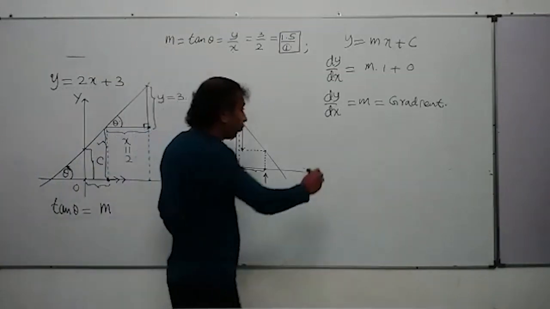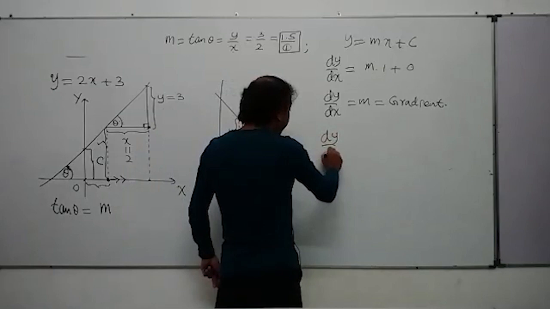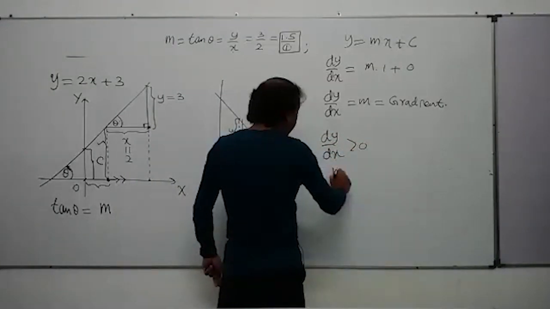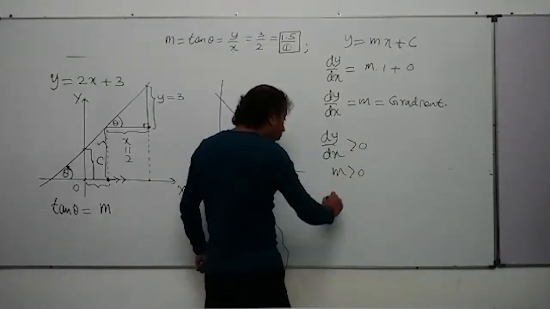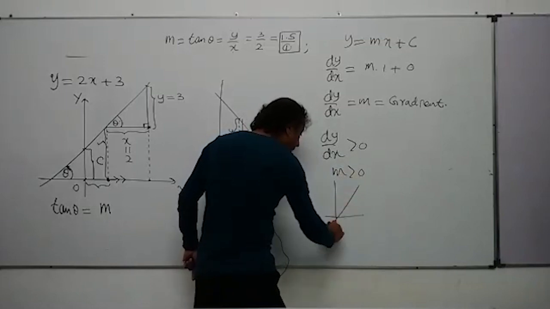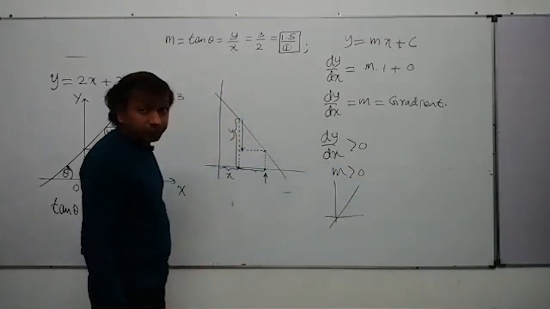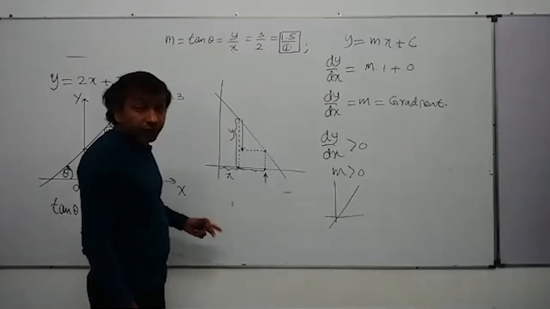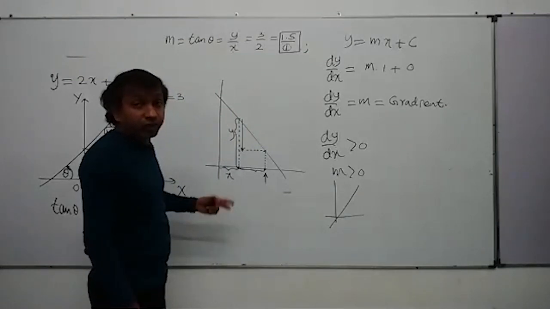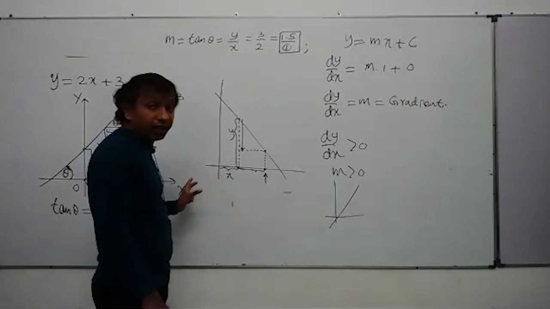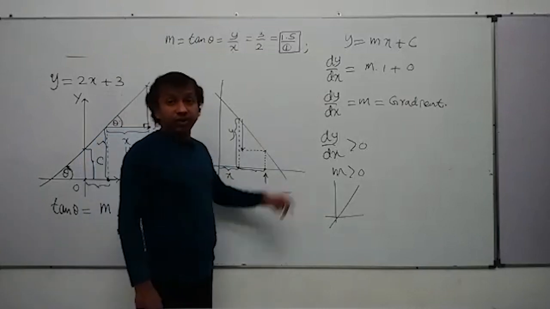So dy by dx is nothing but the rate of change of y with respect to x. Dy by dx positive means the gradient is positive, and the line is like this. That means the rate of change of y with respect to x is positive, so as x increases, y increases.